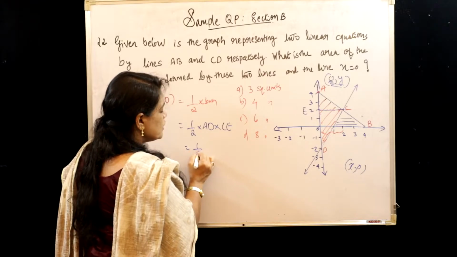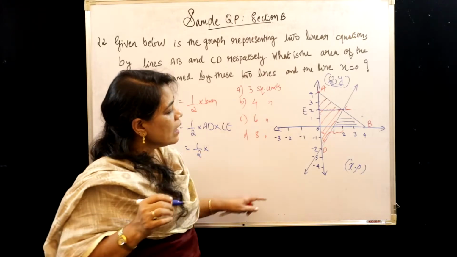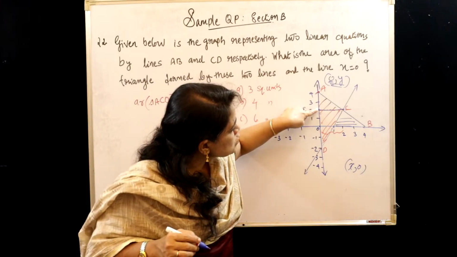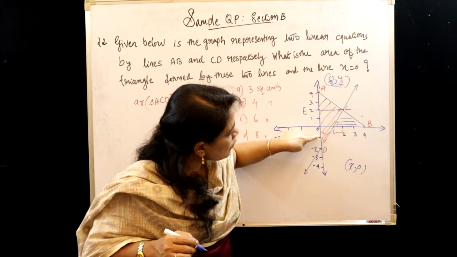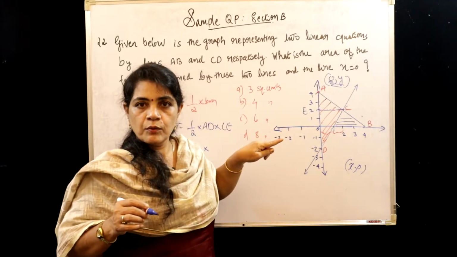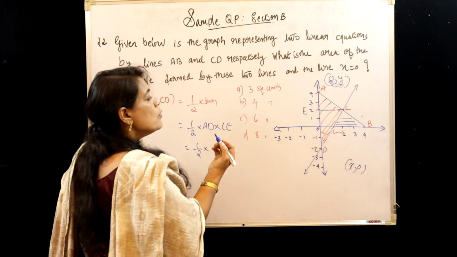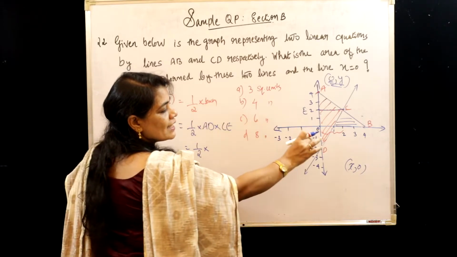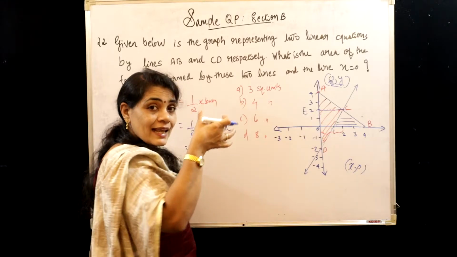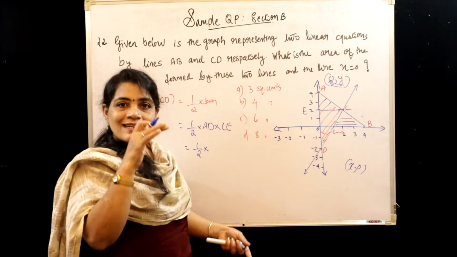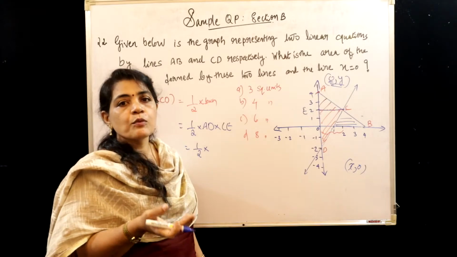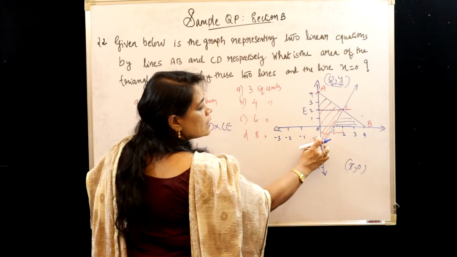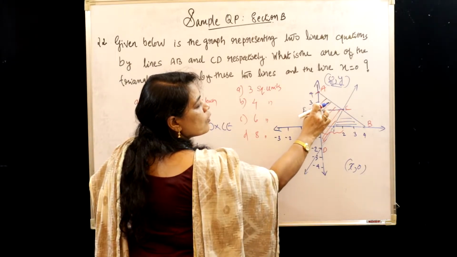So half into AD, we can count. 1, 2, 3, 4, 5, 6. Positive value, modulus value. Because it is a length, it has to be positive, even if we are taking 2 units from the negative y-axis. Being a length, you have to count that as positive. That means 1, 2, 3, 4, 5, 6.